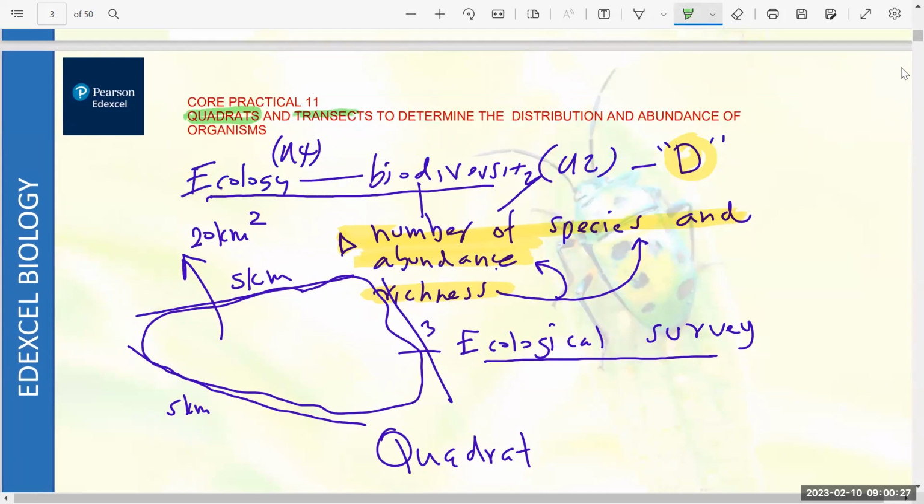These are the practicals: quadrats and transect to determine the abundance and distribution of organisms. It comes under biodiversity. To find the species richness, we have to count the organisms. So we use this method for ecological surveys.